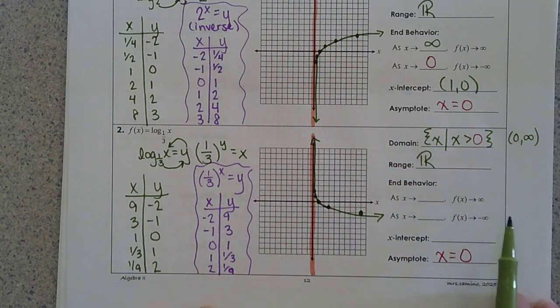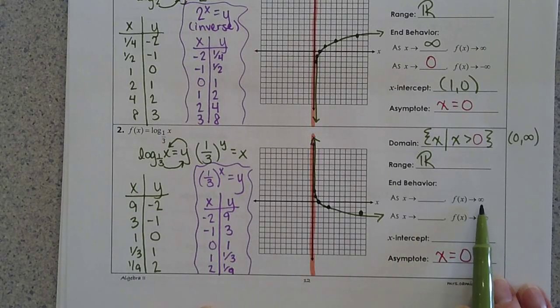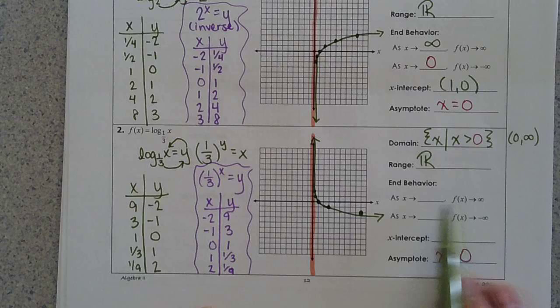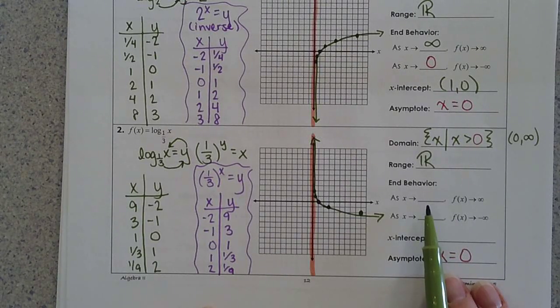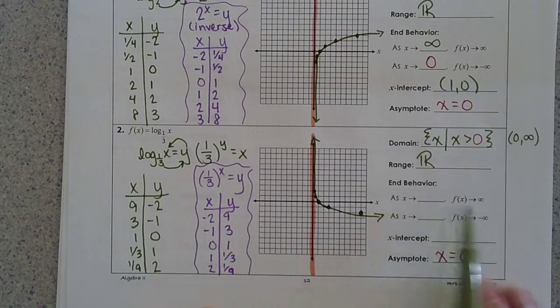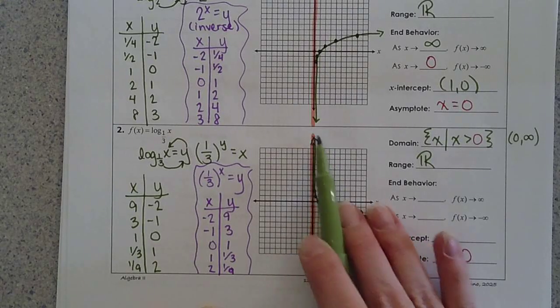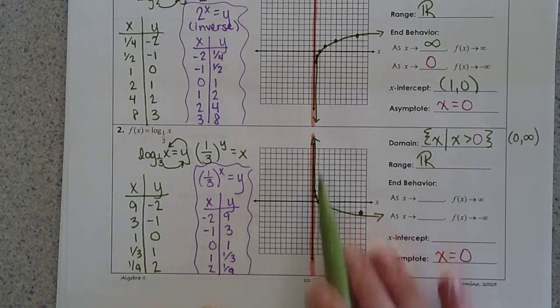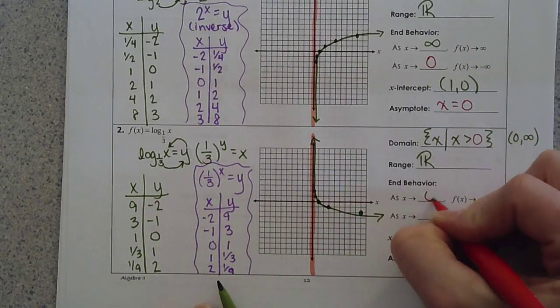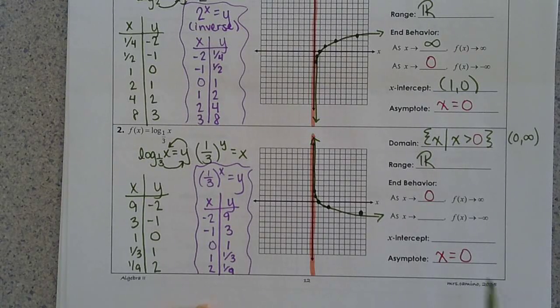Okay, so here I have to look for my end that goes up and decide if it's going to 0 or if it's going out to infinity. My end that goes up is here, and it's the side on the asymptote, so that's where x is approaching 0.